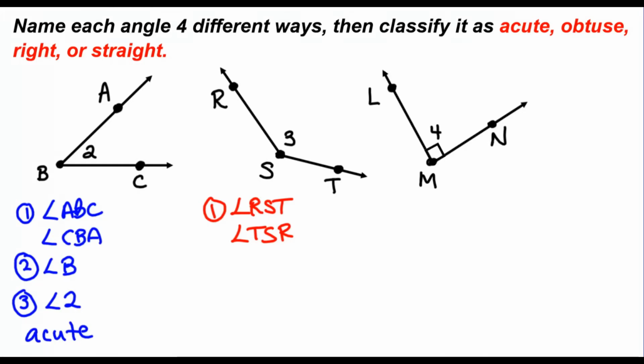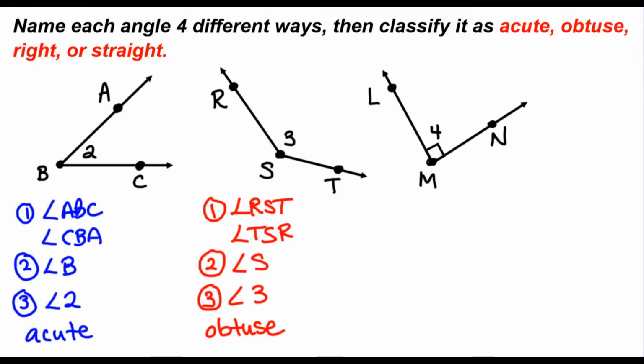We could not call this angle STR or SRT. S has to be the middle letter. Or we can name it just by its vertex, and the vertex is S, so we could call it angle S. Or we could name it by the number, angle 3. And this angle is greater than 90 degrees, so we would say that this is an obtuse angle.